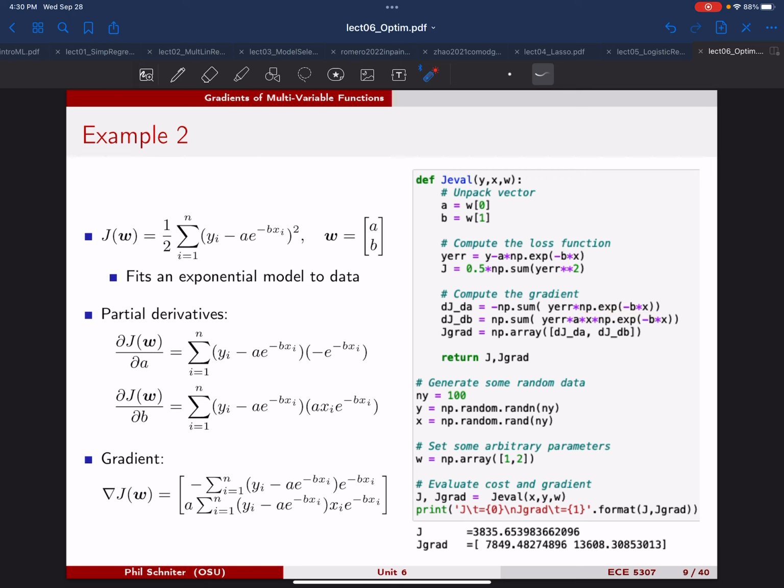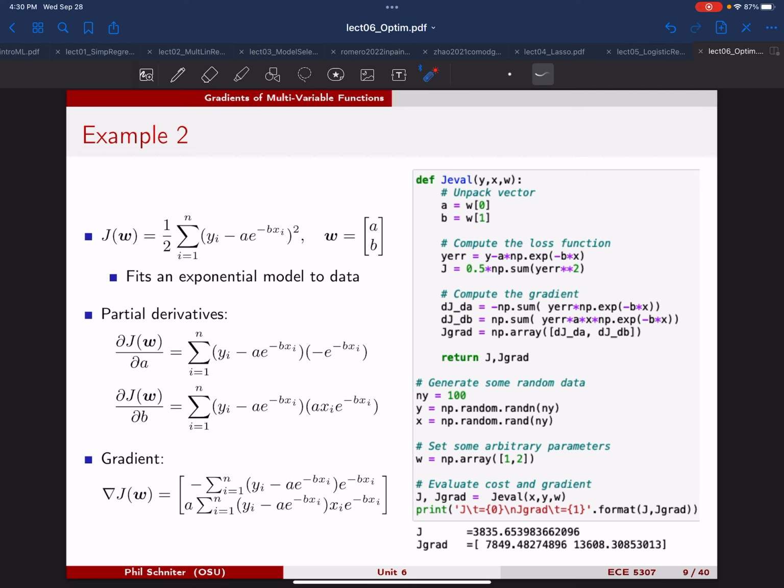So it's different than MATLAB. In MATLAB you would need a dot star for this, whereas Python assumes element-wise unless you tell it otherwise, while MATLAB assumes matrix multiply unless you tell it otherwise. This gives us a vector which we can sum and negate, and we get the first term in our gradient.